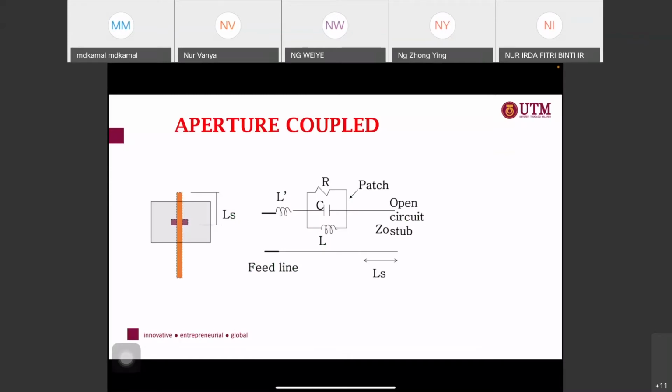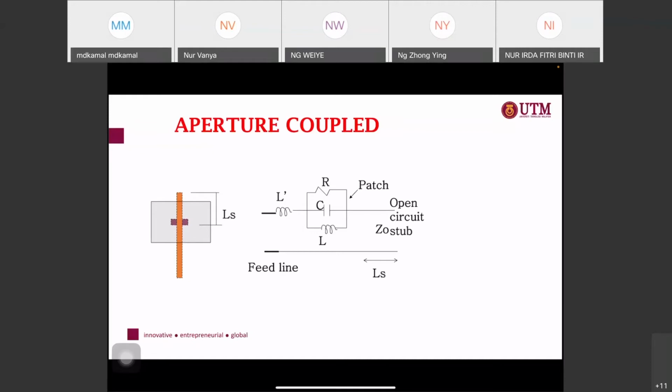You can see there is a coupling here, the purple, and the brown here is your transmission line. You couple the energy to the aperture there, the small aperture. Sometimes we use a rectangular aperture, sometimes circular, triangular, and so on.